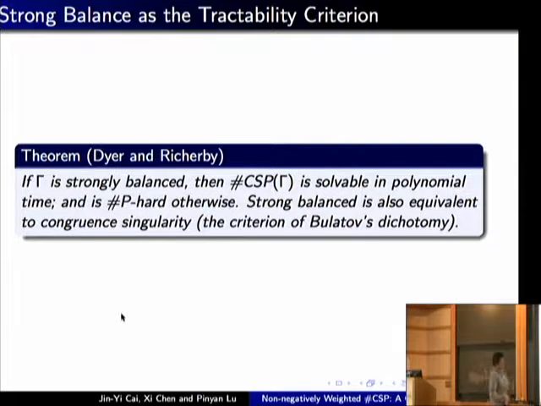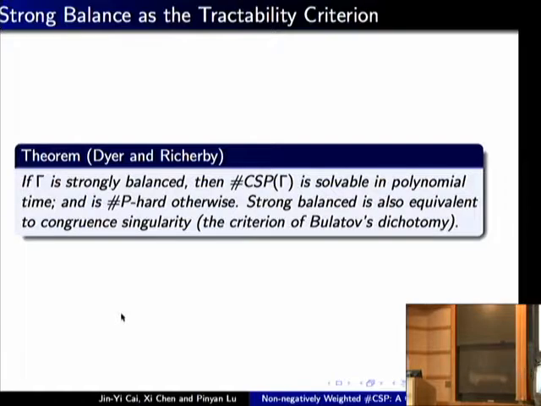It turns out this strong balance is the right tractability criterion for unweighted counting CSP. They show that if it's strongly balanced, then they give a polynomial time algorithm, and if it's not, then it's #P-hard.